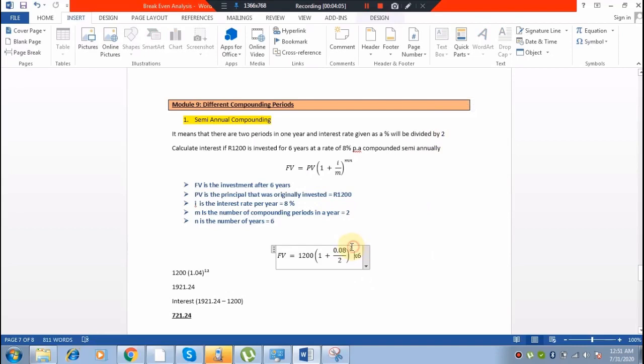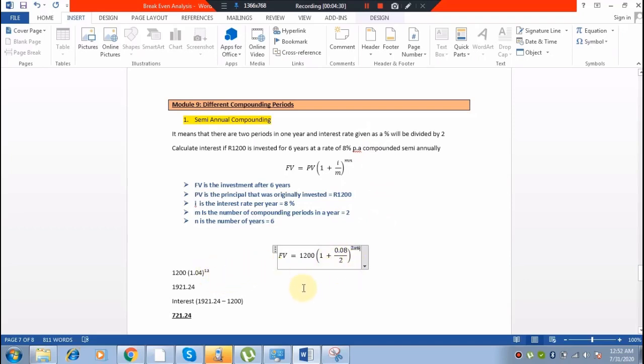Then the exponent is simply going to be 2 times 6, right? For the next 6 years we'll be paying twice. So how many periods are we going to be getting interest? 12 times.